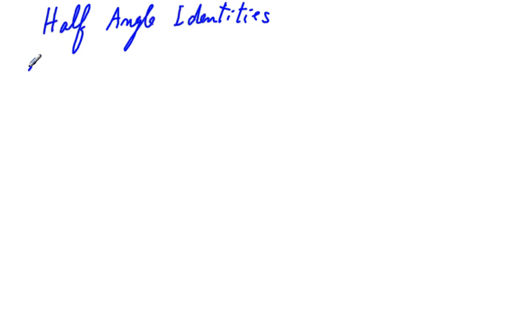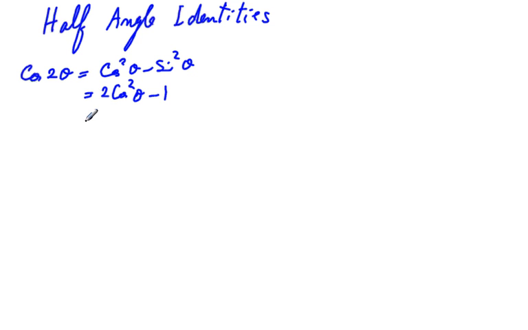So we had cosine of 2 theta, we had 2 versions for this, or 3 versions for this. We had sine of 2 theta, which was 2 sine of theta, cosine theta.